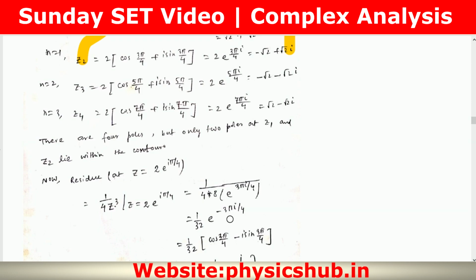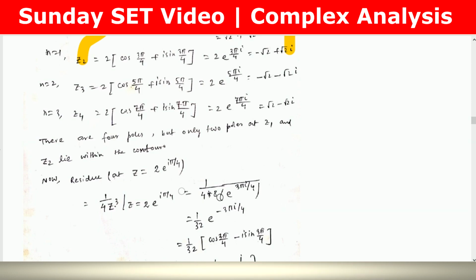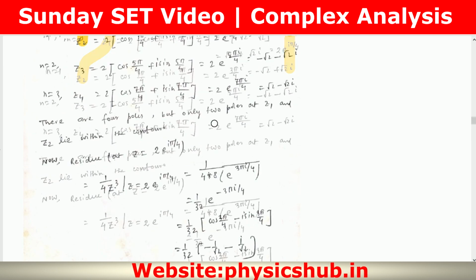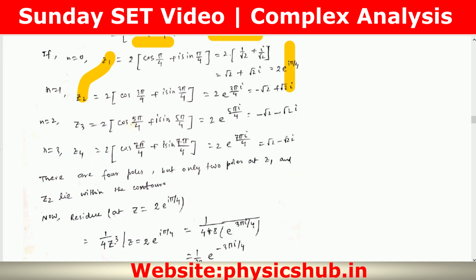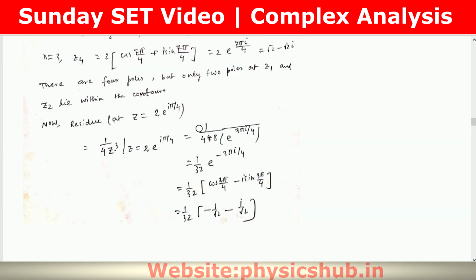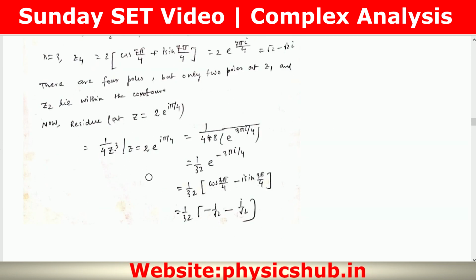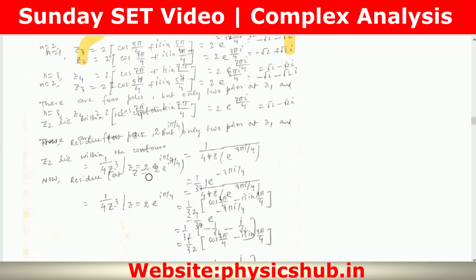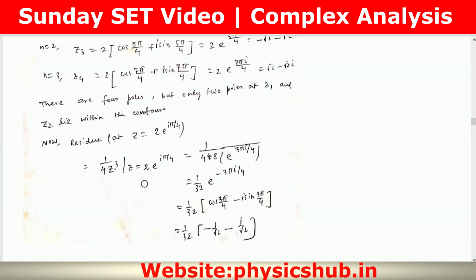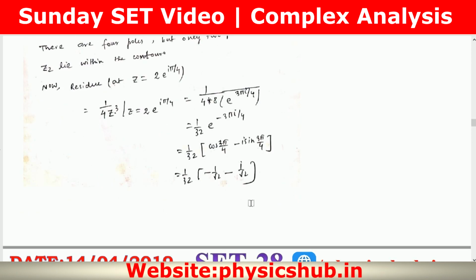Now to determine the integration, we have to find the residue at these two poles, z1 and z2. Firstly, the residue at z1, which is 2e^(iπ/4). We use the standard residue formula, f(z)/f′(z), so we are just replacing, and we get 1/32 into (1 − 1/√2 − i/√2).